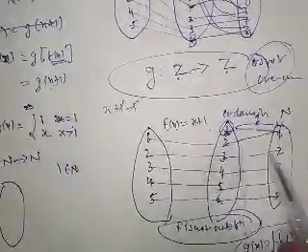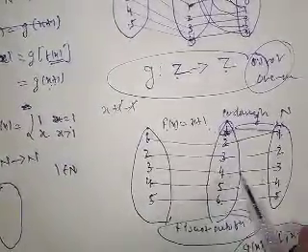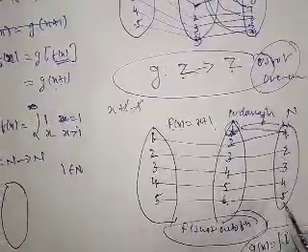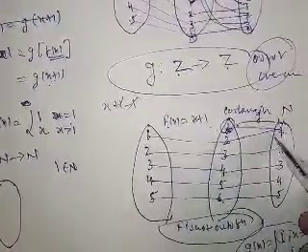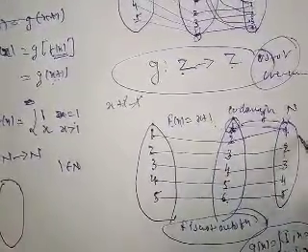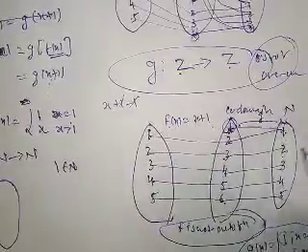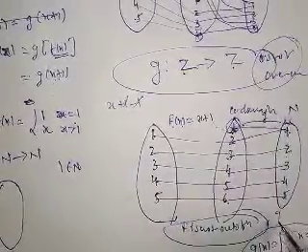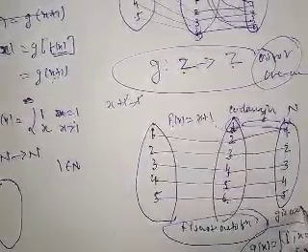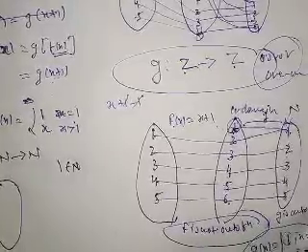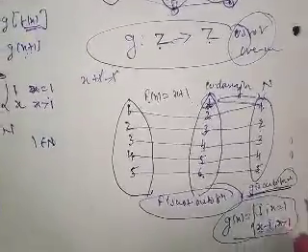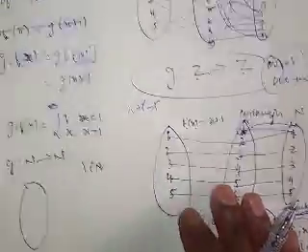So 1 has an image, 1 also has 2, 2 also has 3, 3 also has 4, 4 also has 5, 5 also has 6. So all the elements in the codomain are exhausted, and therefore g is an onto function. Let's see here.